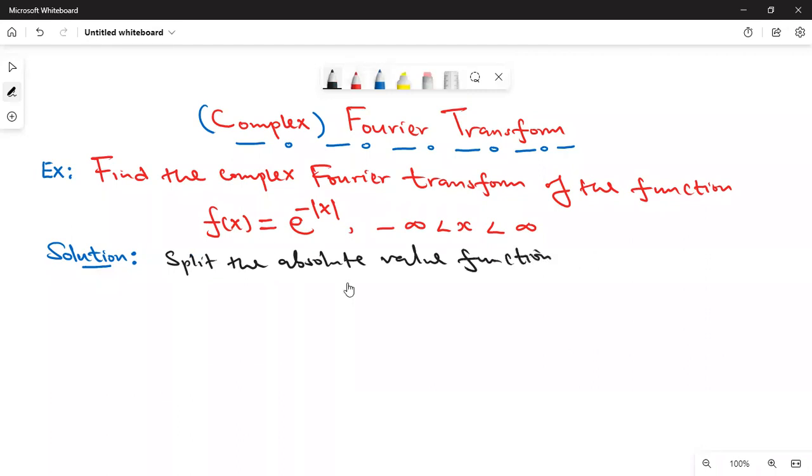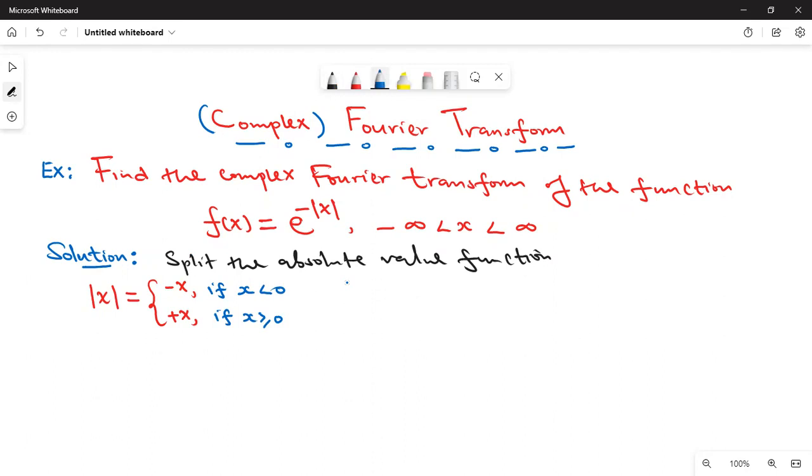Remember from calculus how you split absolute value functions: the absolute value of x is simply negative x when x is less than 0, and x if x is greater than or equal to 0. For simply positive, it is 0 if x equals 0, and it is positive if x is greater than 0. So that's the absolute value of x.